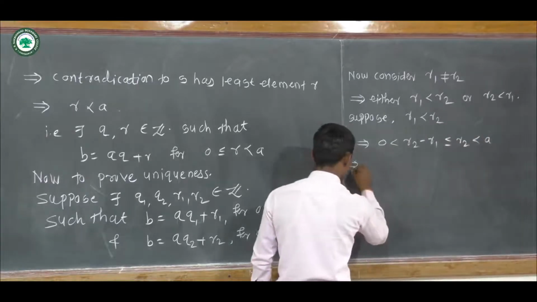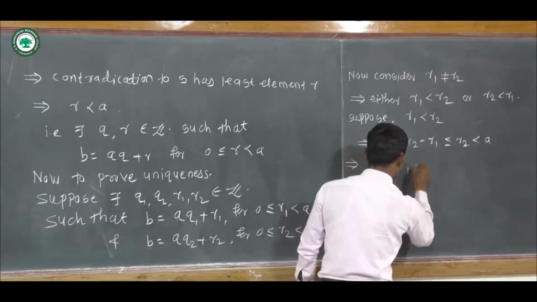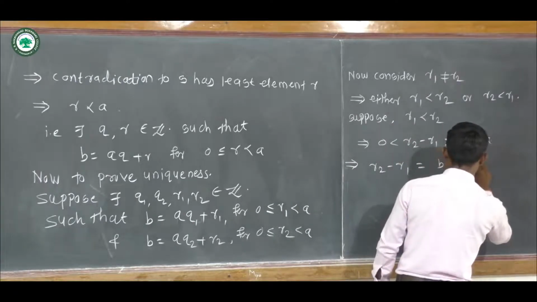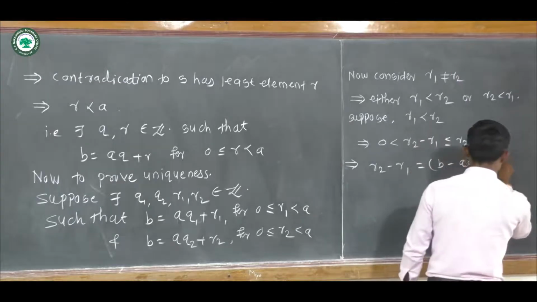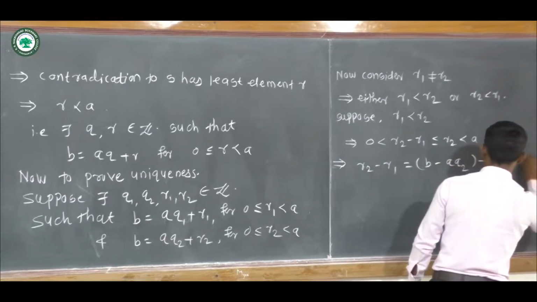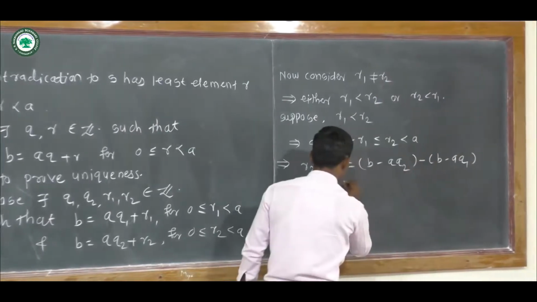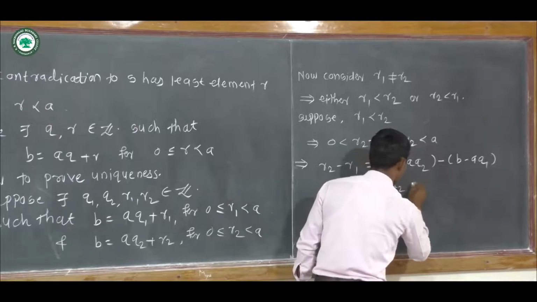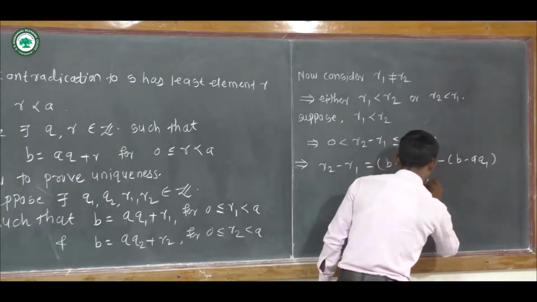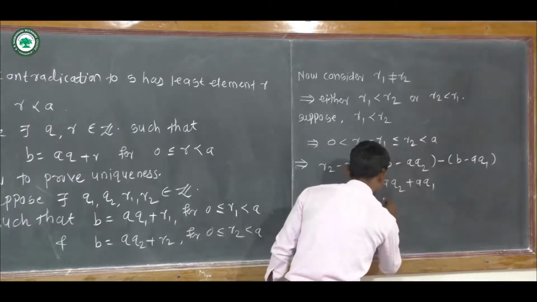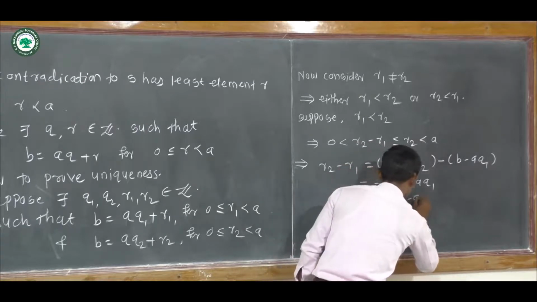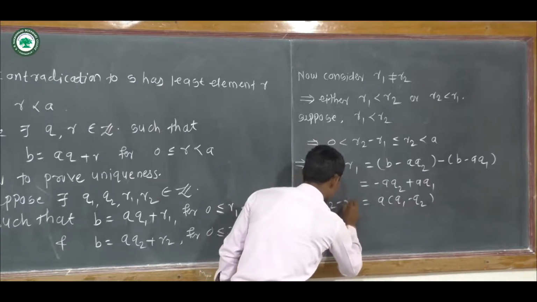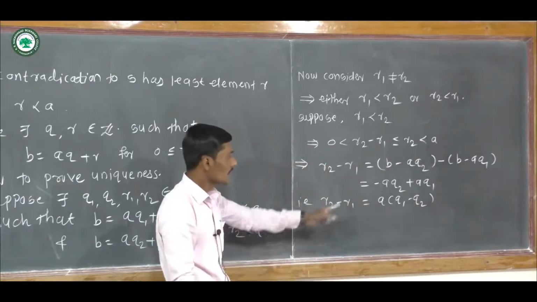This implies r2 minus r1 is equal to (b minus aq2) minus (b minus aq1), which is equal to minus aq2 plus aq1, which is equal to a times (q1 minus q2). That is, r2 minus r1 is equal to a times (q1 minus q2).